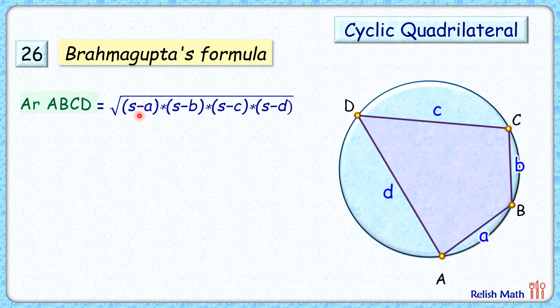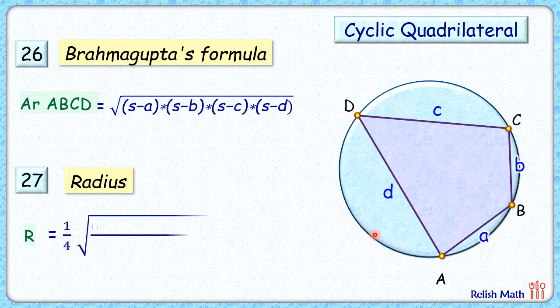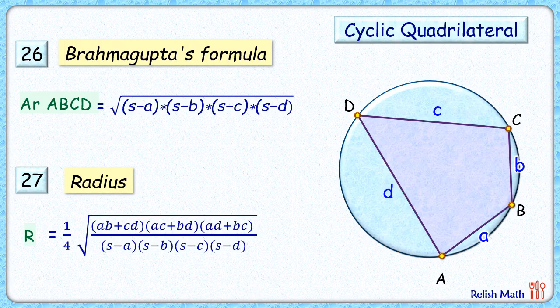Now the next formula related to the cyclic quadrilateral: if a cyclic quadrilateral is given with its sides, then you can find the radius of the circle. The formula is slightly lengthy, but it is very symmetrical.